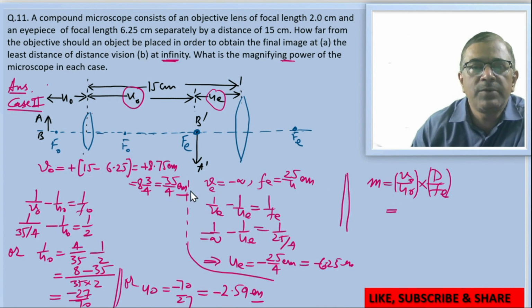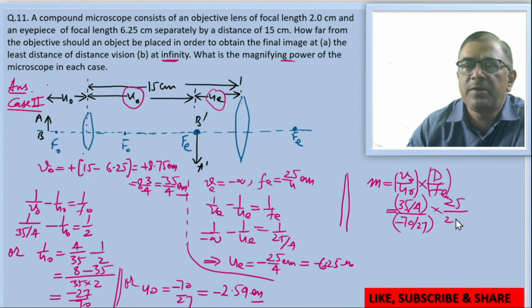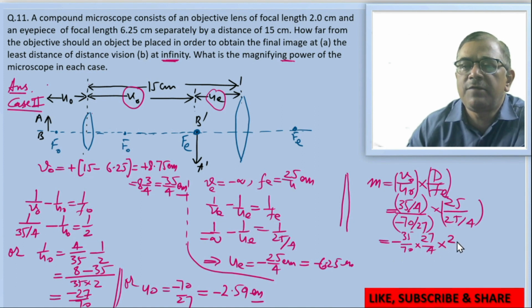VO is equal to how much? This is equal to 35 by 4, and UO we have just calculated, this is minus 70 by 27, multiplied by 25 divided by 25 by 4. Now next, this is equal to minus 35 by 70 multiplied by 27 by 4 multiplied by 4 by 25.